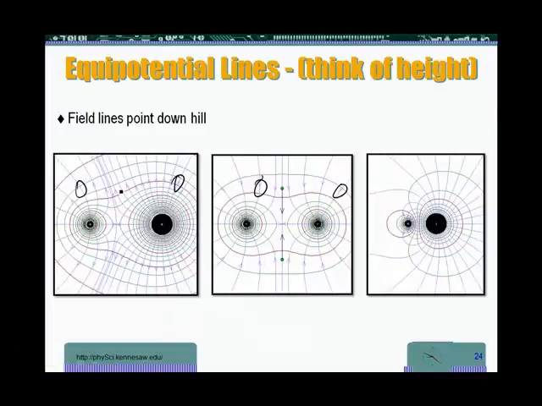In other words, if we take a positive charge, it's going to look like it's rolling downhill in the same direction as the electrical field lines that are drawn here. If we have a negative charge, it's going to roll downhill towards the negative charge, of course.